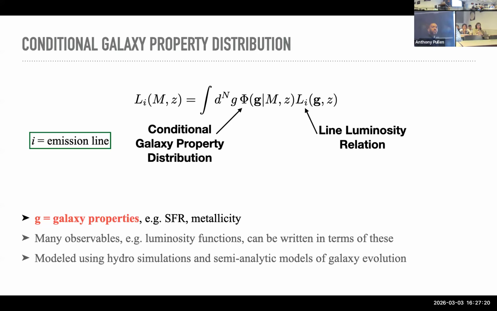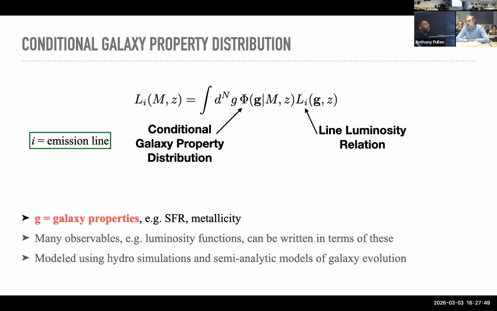If I knew all the properties of these galaxies and I knew this function, I would know the emission line luminosities for all those galaxies, and I can combine all that information to get a full luminosity, given a halo of mass m, a dark matter halo of mass m that's hosting the galaxies.